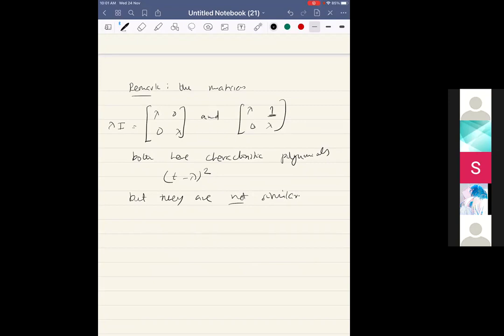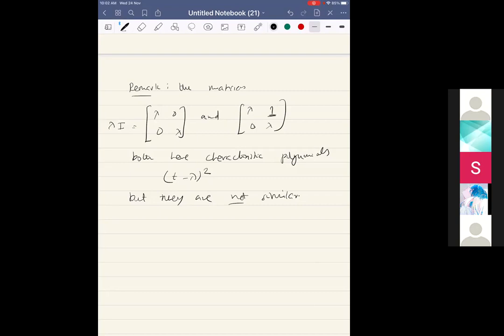You can check directly by computing the determinant that both have the same characteristic polynomial, T minus lambda squared, but they are not similar. Why? Because the only matrix similar to lambda times the identity matrix is itself, because every matrix commutes with lambda times the identity. So these two are not similar.